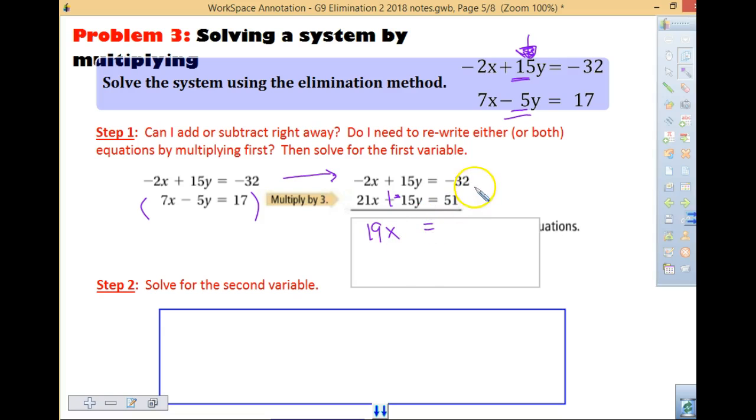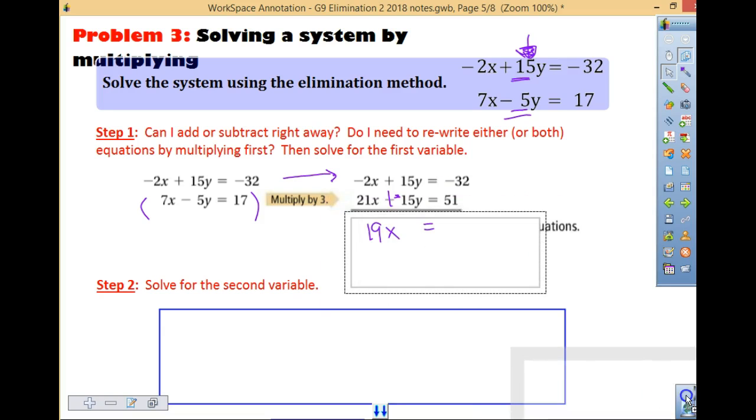Have your calculator. Negative 32 plus 51. We are adding those. What do we end up with? 19.